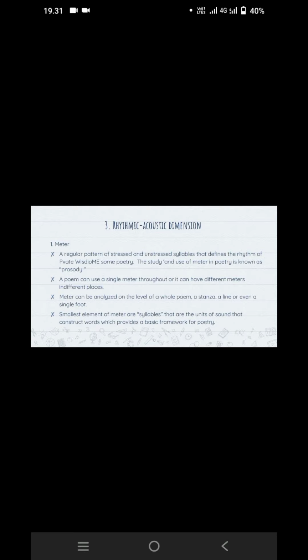Meter can be analyzed at the level of the whole poem, a stanza, a line, or even a single foot. The smallest element of meter is syllables, the units of sound that construct words, which provide a basic framework for poetry.